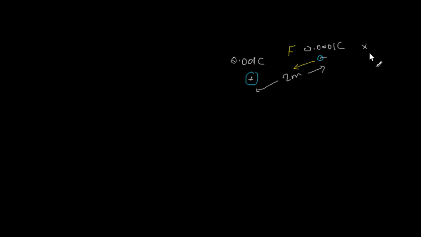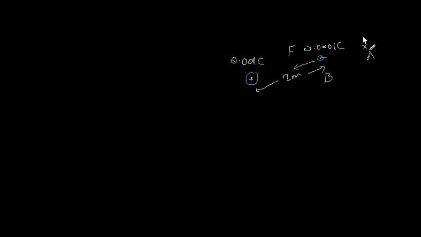I'll call that position A, and I'll call this position B. Suppose that it started there from rest, and then when I let it go, the attraction by the positive charge would pull this body in this direction. What I want to do now is to calculate the speed when it reaches here.